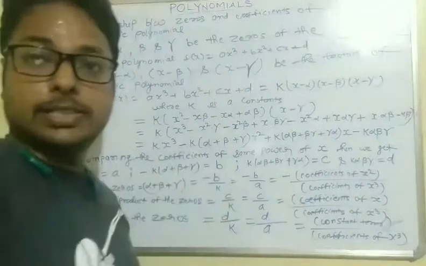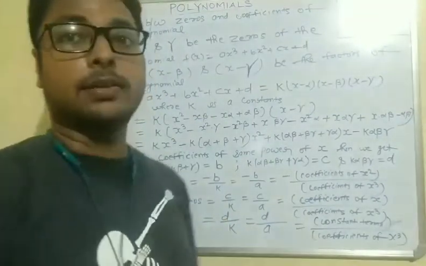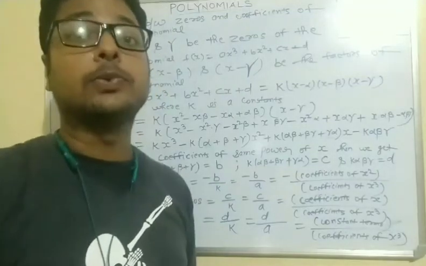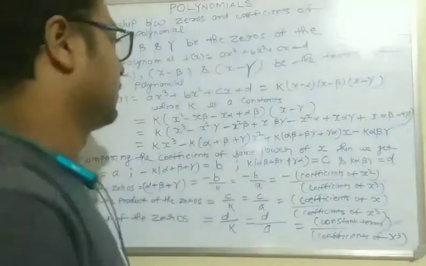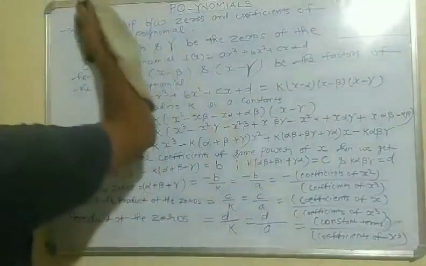Here I get 3 results, and now I will do some numericals from which I will grasp the idea how to solve this type of questions. Now I am removing this lecture board.